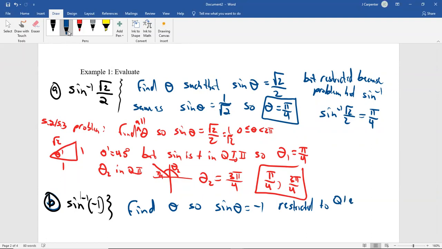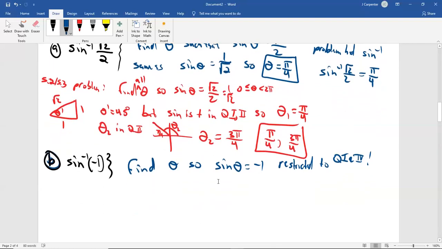Quadrants 1 and 4. So in the blue ink, this is more like something we had in 5.2, 5.3, but I'm not going to consider all 4 quadrants. I'm a lot less likely to get 2 answers. I'm much more likely to only get 1 answer. In fact, with inverse trig functions, it's always just 1 answer.